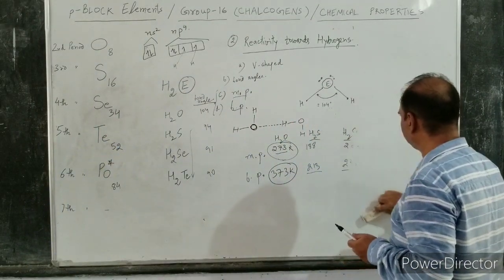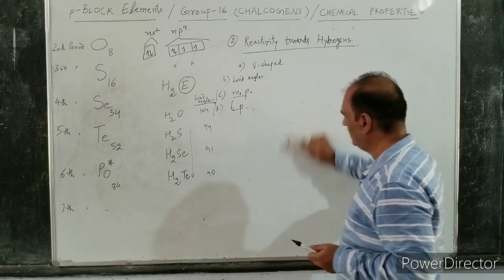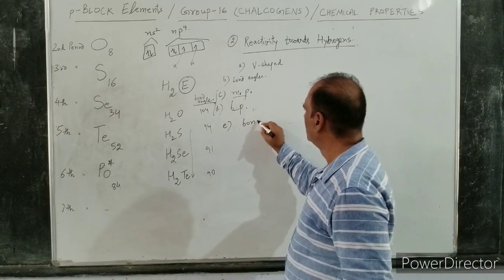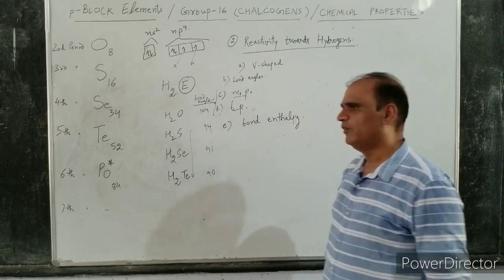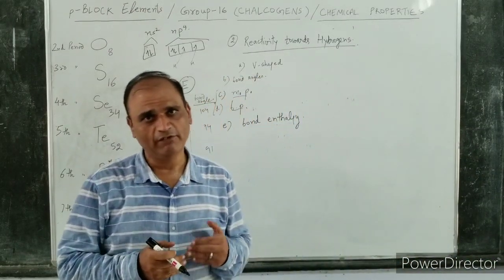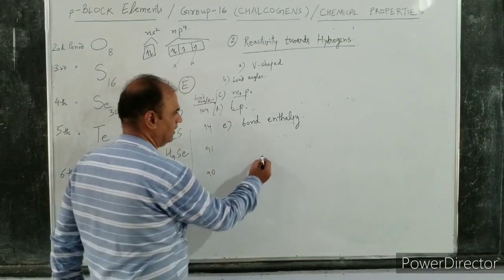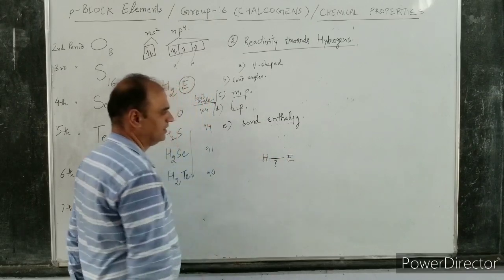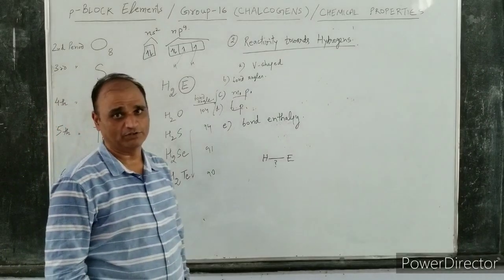Now next is about their bond enthalpies. Bond enthalpy means the enthalpy change taking place when a bond is formed. You can also call it bond dissociation enthalpy, when we break a bond. So this bond enthalpy of the H-E bond goes on decreasing down the group.